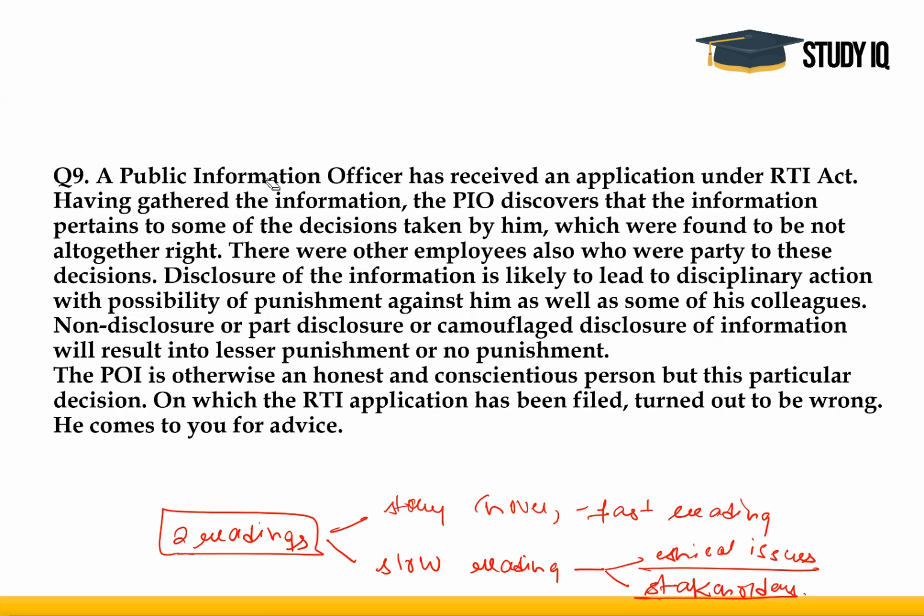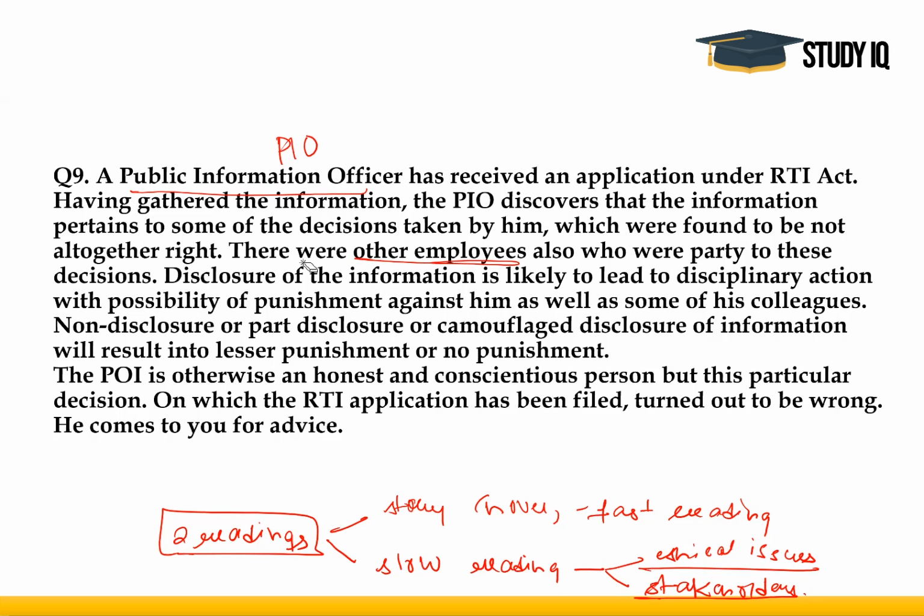A public information officer, a PIO, has received an application under the RTI Act. Having gathered the information, the PIO discovers that the information pertains to some of the decisions taken by him, which were found to be not altogether right. There were other employees also who were party to these decisions. So this is the first stakeholder, the PIO, and other employees, the second stakeholder.